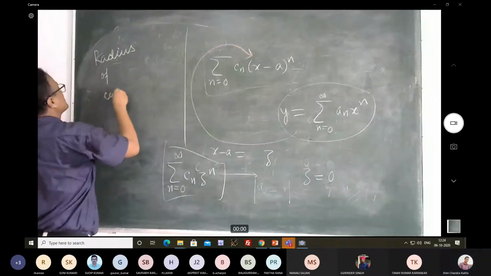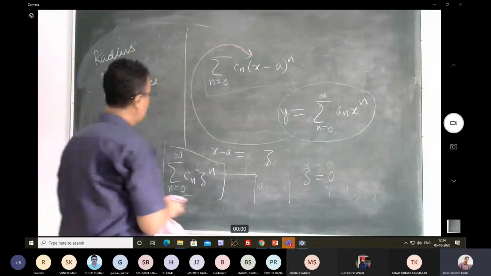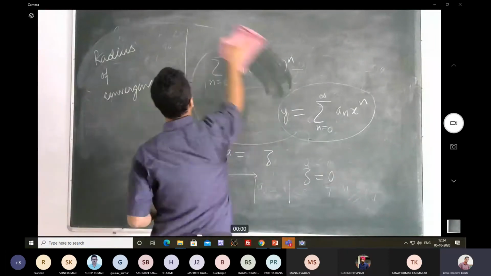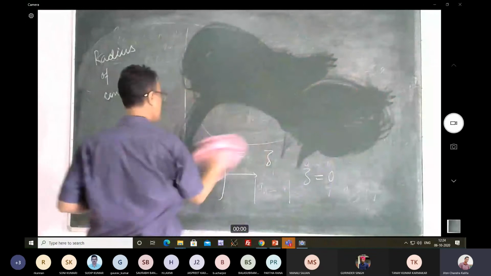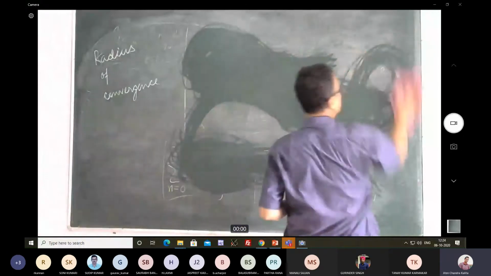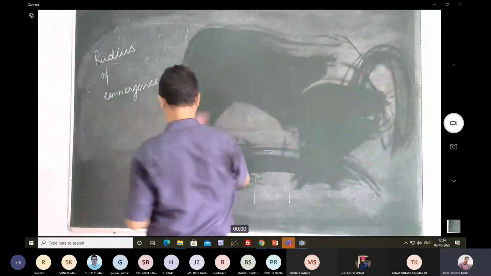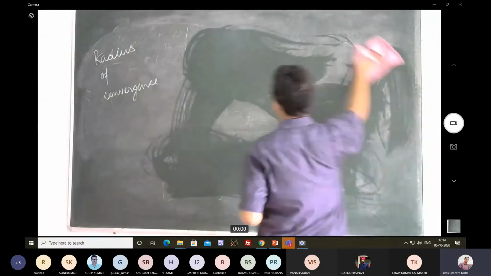Radius of convergence. Yes, can someone tell me what is the radius of convergence? And suppose I am considering a series about x equal to 0.